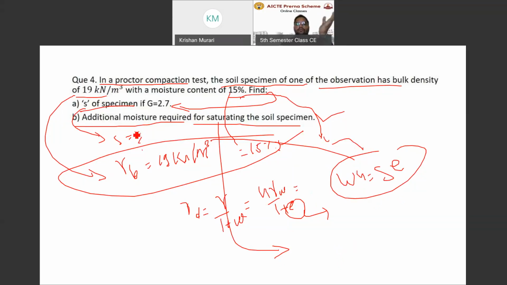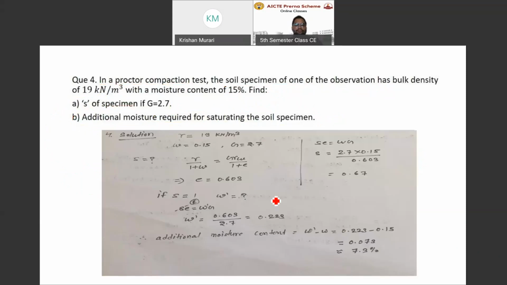So firstly you have to find the moisture required to saturate the soil. After that, what is the addition? The content you have found, minus this, is the additional water you have to insert. Okay, so go for the solution.